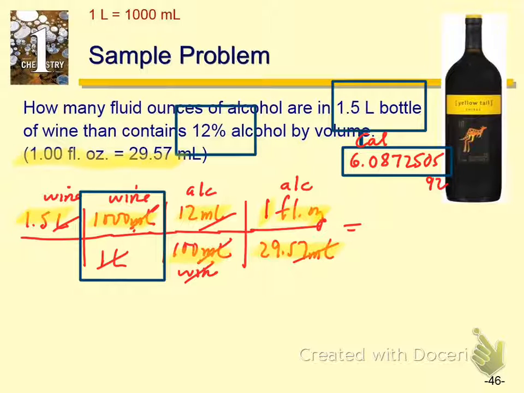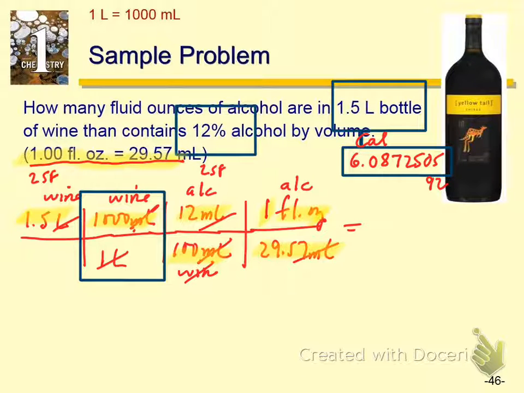That's going to have to do with the measured numbers, like 1.5 liters of wine. 1.5 liters, 2 significant figures. 12%, that's a measured number. That's going to be 2 significant figures. The 1 fluid ounce is equal to that, that's 3 and 4. And so basically, most of the time, it's just kind of what we start with. And I've got 2. So my answer is going to be in 2 significant figures.